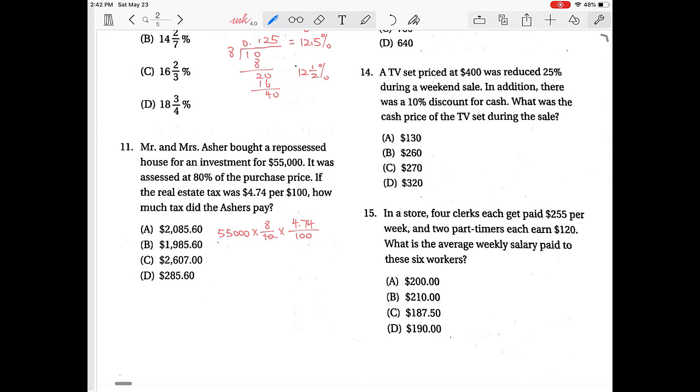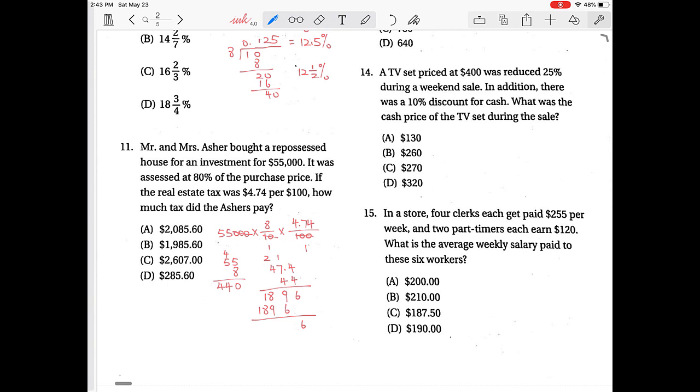And we're going to get rid of the zeros. So 55 times 8 is 440. Multiply that by 4.74 or 47.4 times 44, which is 4 times 4 is 16, 4 times 7, 28 plus 1, 29, 16 plus 2 is 18, and write the same numbers again.